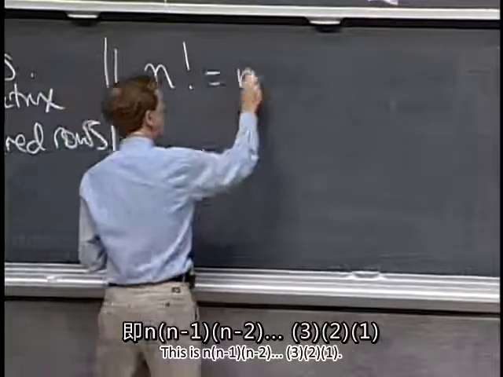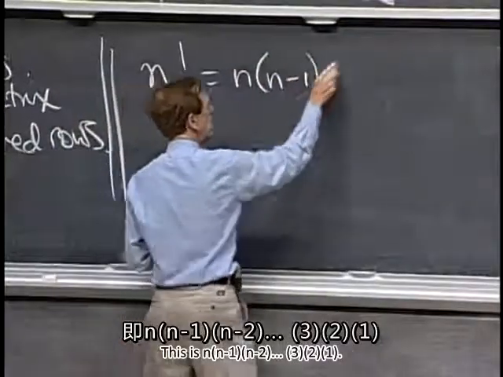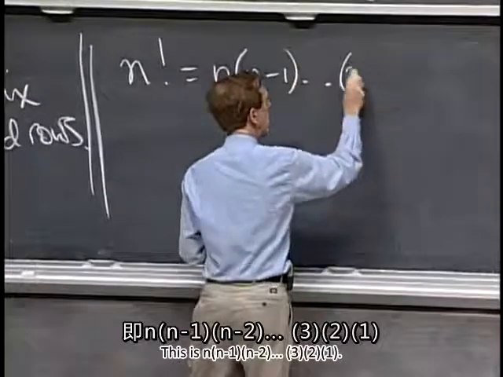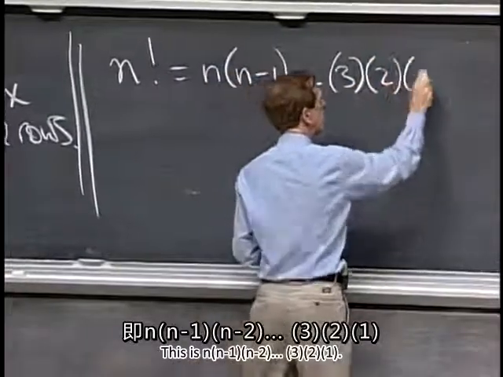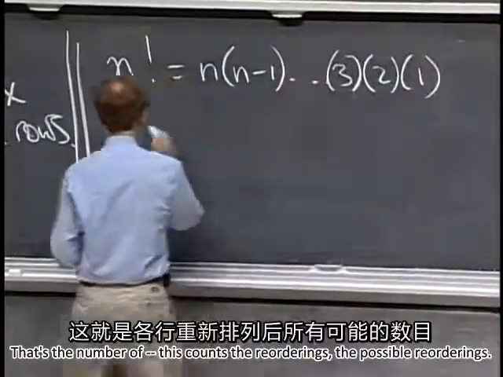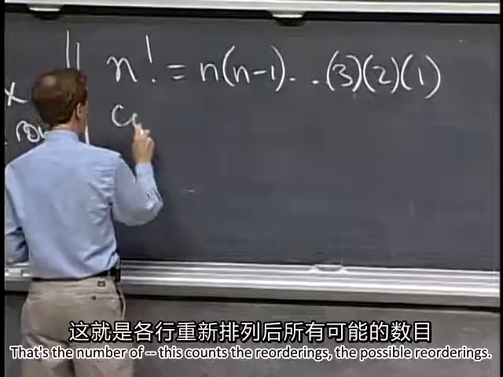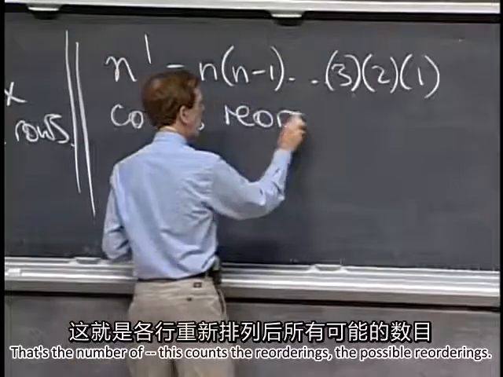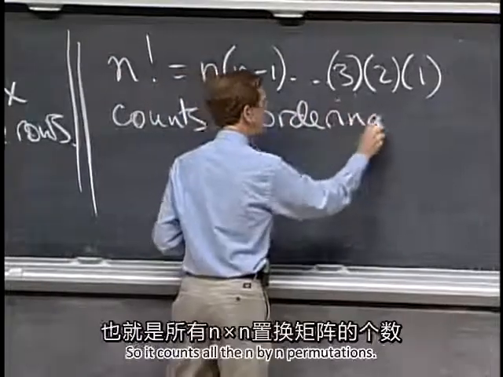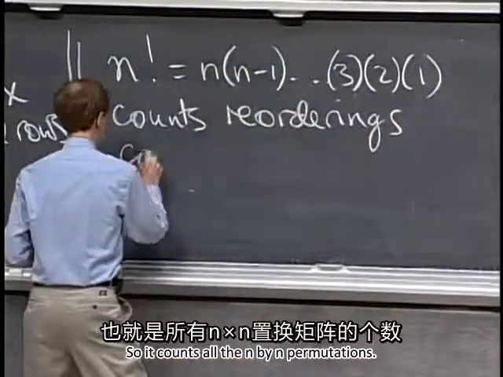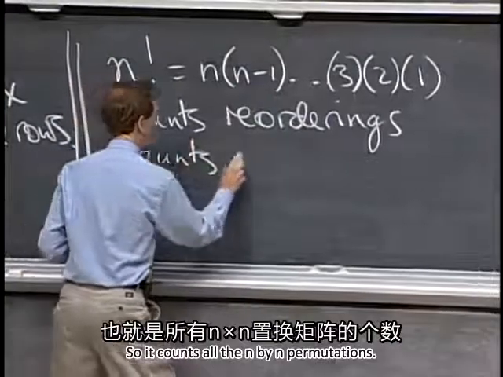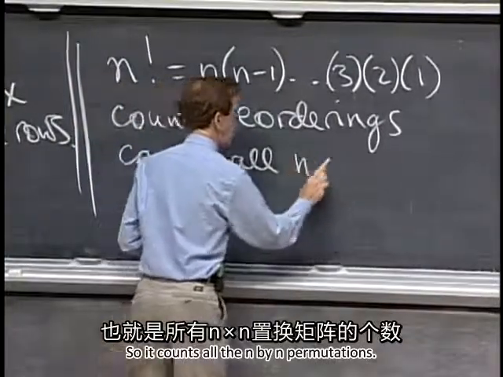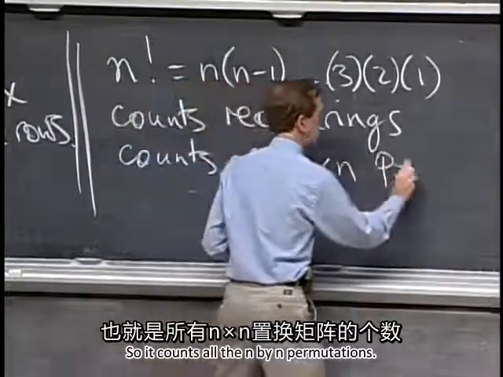This is n times n minus 1 times n minus 2 times 3 times 2 times 1. That counts the possible reorderings. So it counts all the n by n permutations.